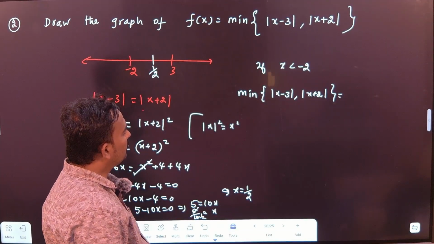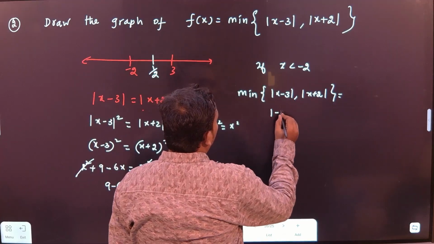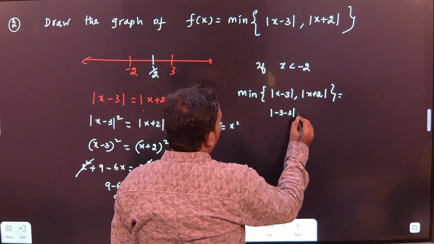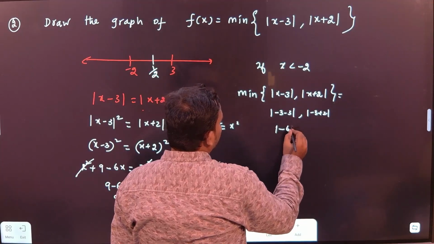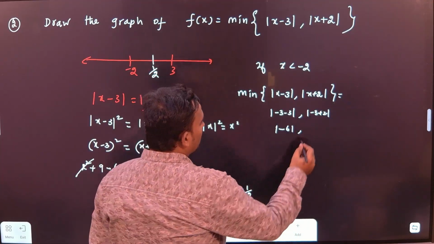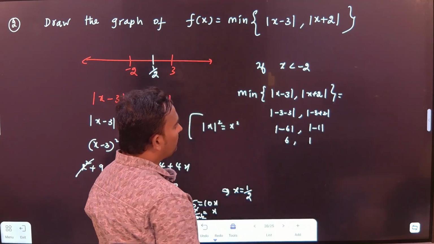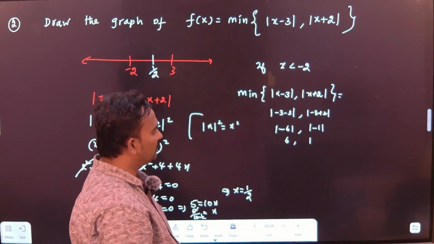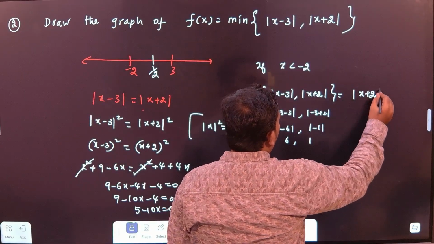Less than minus 2, let's take minus 3, right? So minus 3 plus 2. So what is that? Mod minus 6, here will be mod minus 1. This is 6, this is 1, which is the minimum. So mod x plus 2 is the minimum, right?